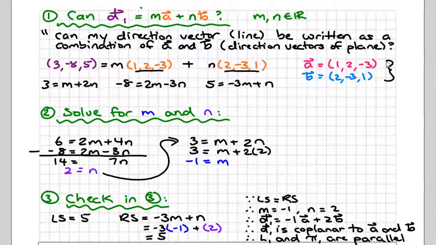My x component, which is this, is equal to m plus 1n, plus 2n, and that gives me equation number 1. I'll do the y's to give me equation number 2, and the z's to give me equation number 3. And as you can imagine, with substitution and elimination, I'm going to start checking for my m and n's.